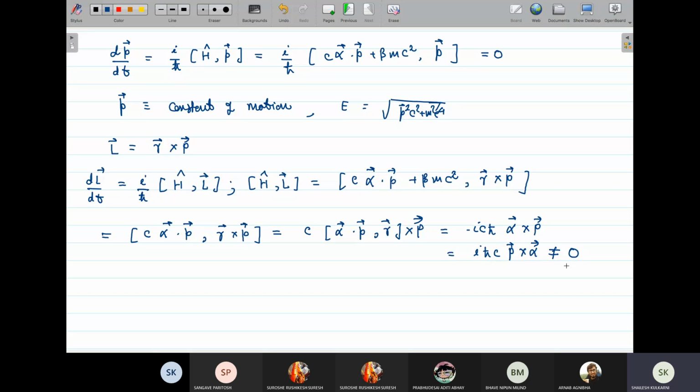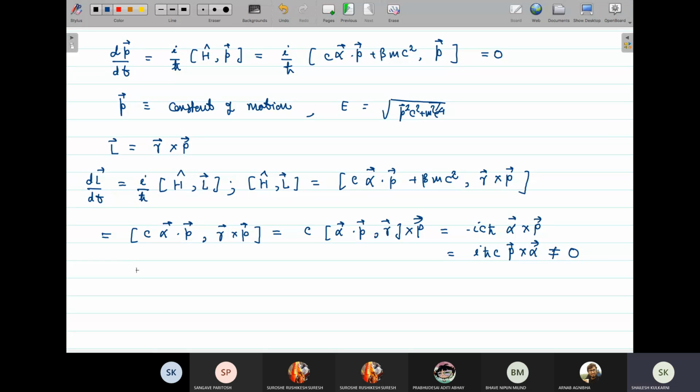That should be the constant of motion. So rotational invariance is essential in demanding the conservation of angular momentum. We have a free particle, there is no potential at all, but still this angular momentum is not constant.